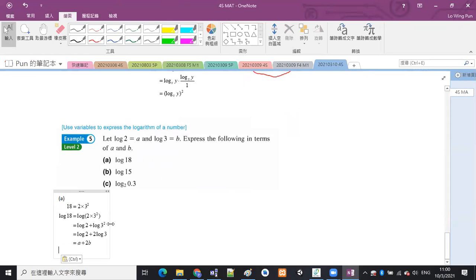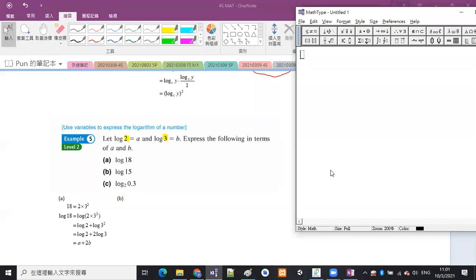Okay? The trick is that we need to break down the number into the log numbers given by the question. Okay? Now, if that worked, then it's bad, because for part B I will contradict myself. Log 15. So you just need to break down 15. But 15 is just equal to 3 times 5, right? 3 times 5. Oh no. The 3 is okay, but the 5 is not okay.